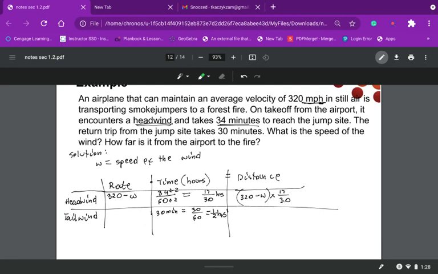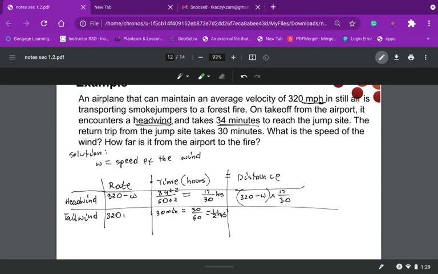The return from the jump site takes 30 minutes only. That means we are flying with the wind. So tailwind, we're flying with the wind. This 320 miles per hour is the speed of the airplane in a perfect situation. Since we're flying with the wind, the speed will increase.